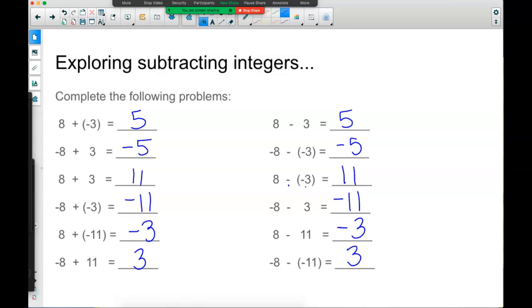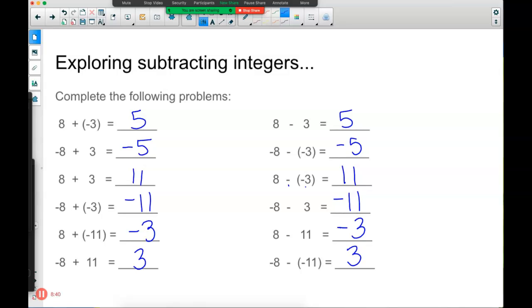Okay. Notice this. Look at these first numbers. 8, -8, 8, -8, 8, -8. Same, right? That was the same. The first number never changed. In this set of problems, on the left, I have all plus signs. On the right, I have all minus signs.